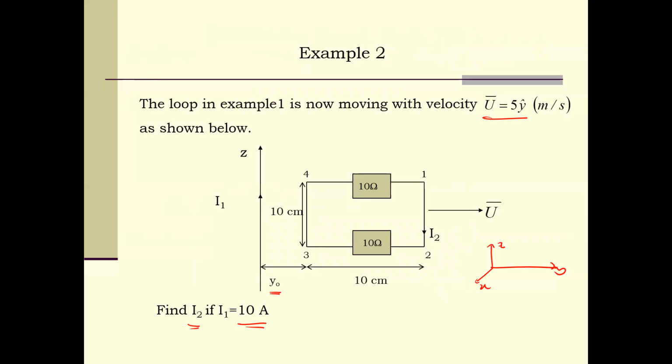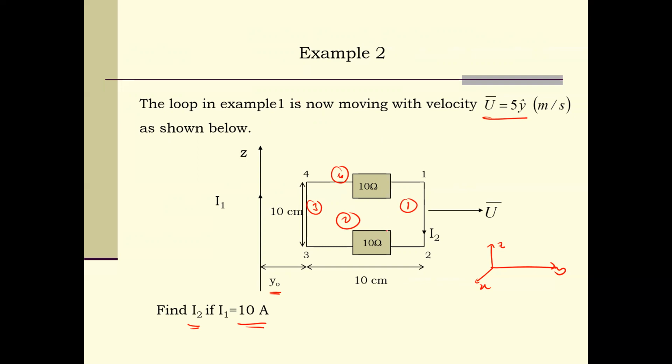If we base on this loop, we can divide the loop into 4 different sides: side number 1, side number 2, side number 3, and side number 4.